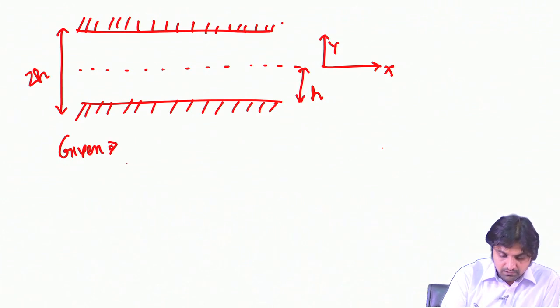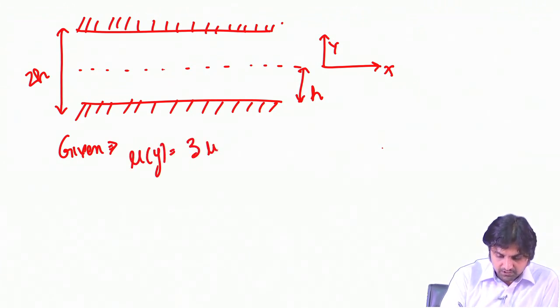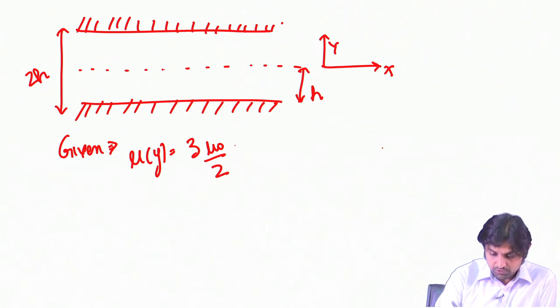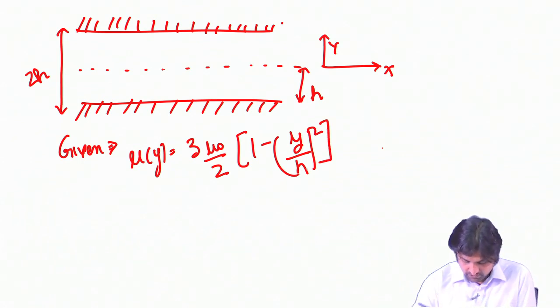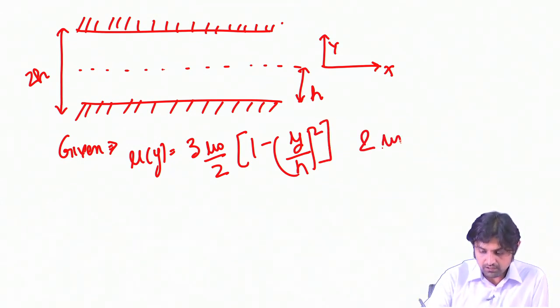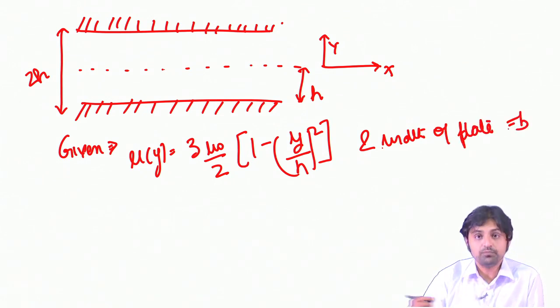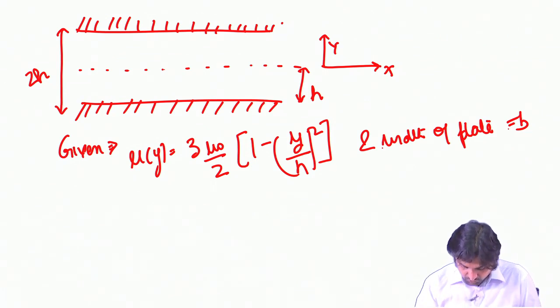What we have been given is u of y equal to 3 u naught by 2 into (1 minus (y by h) whole square), and the width of the plate is equal to b. This we have already been told.